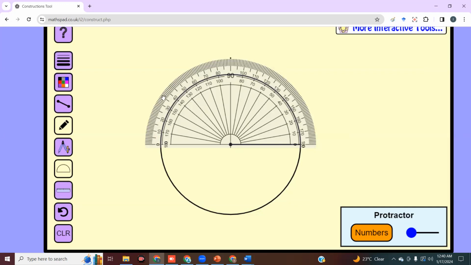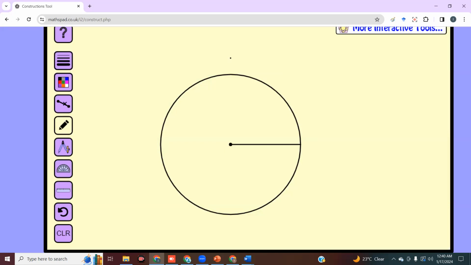Okay, that's 90 degrees. And so what we're going to do now is pull this all the way up to 90 degrees. Now for you, you're going to use your ruler to get it accurate. So you're going to draw a straight line all the way. You can do it all the way up and then erase it.